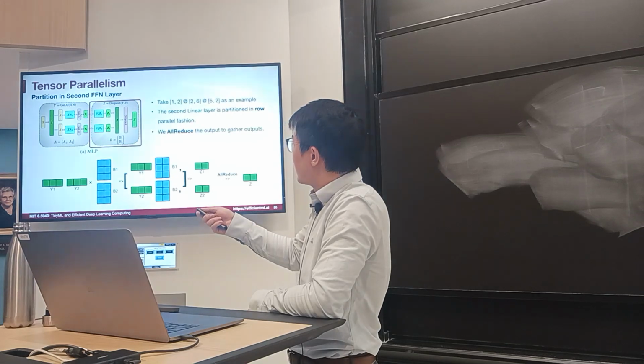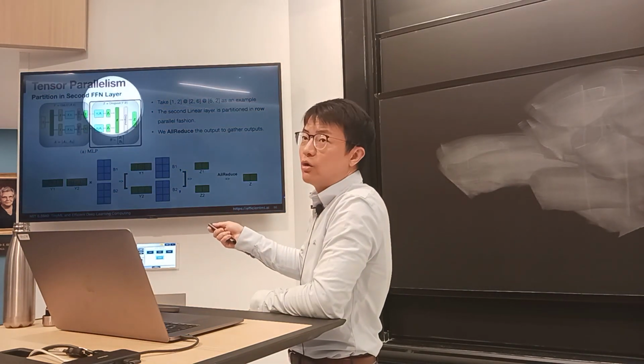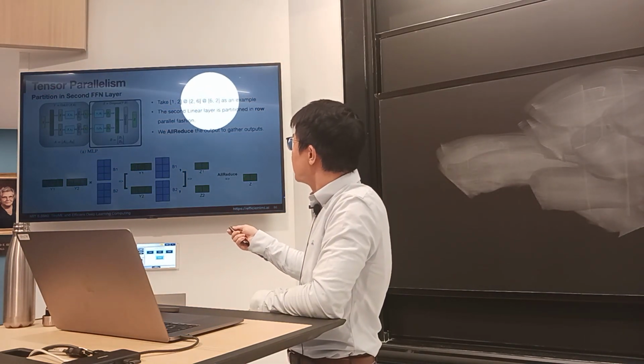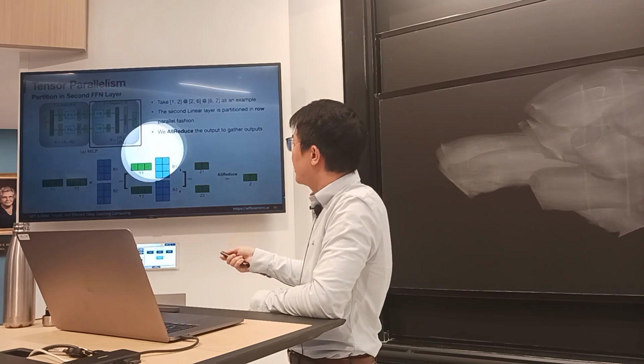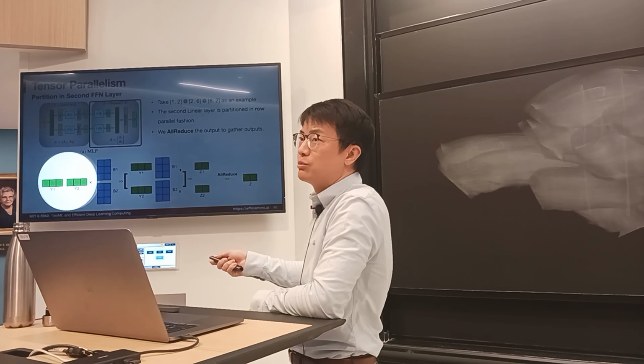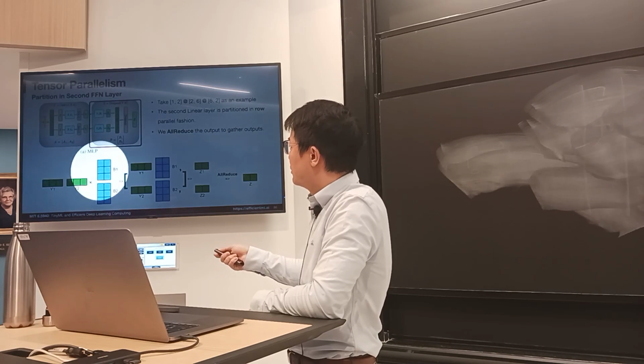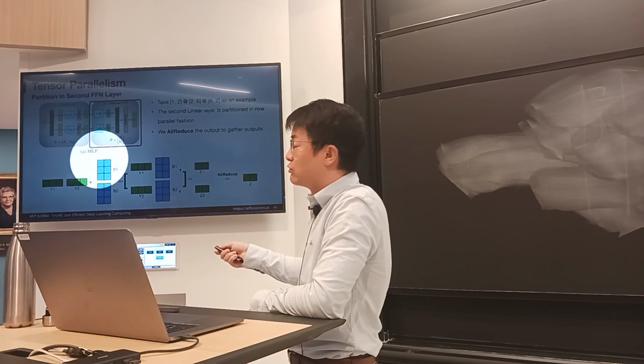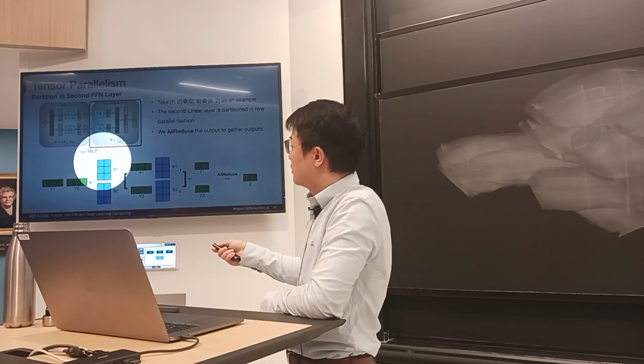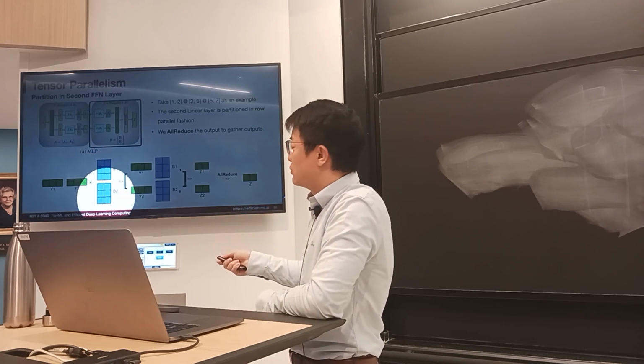In the next section, we are performing the second matrix multiplication, which is of dimension 6 by 2. So this is the activation from the previous layer, and we have the matrix 6 by 2. Now we split it horizontally. GPU1, GPU2.